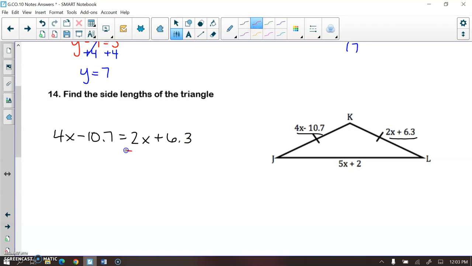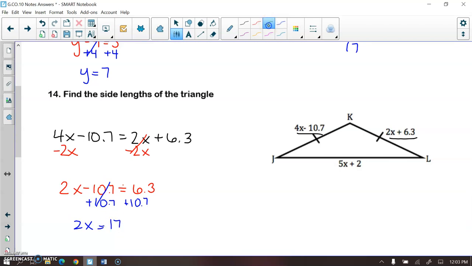So I'm first going to subtract the 2x over. So I have 2x minus 10.7 is equal to 6.3. Then I'm going to add the 10.7 over. So I get 2x is equal to 17.